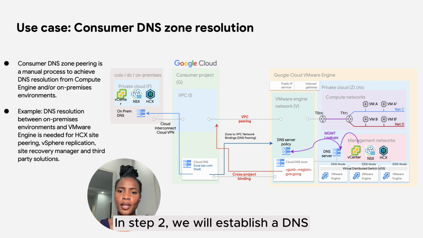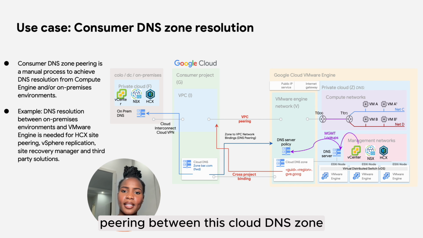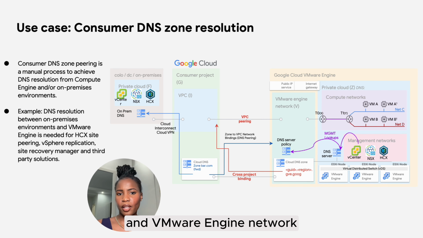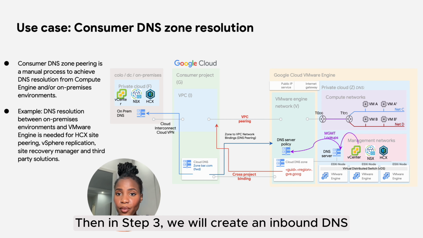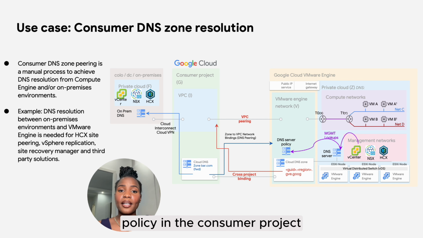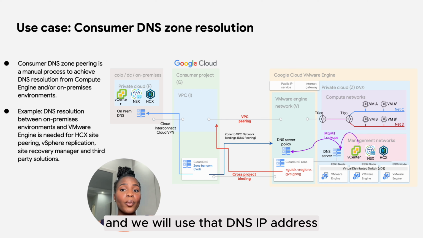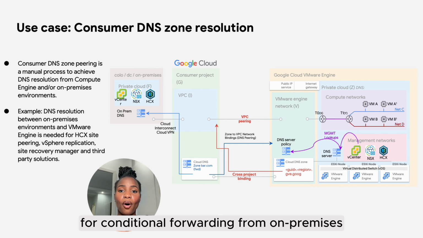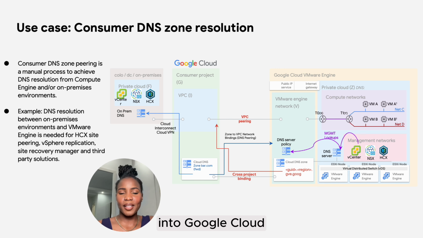In step 2, we will establish a DNS peering between this Cloud DNS zone and VMware Engine network. Then in step 3, we will create an inbound DNS policy in the consumer project, and we will use that DNS IP address for conditional forwarding from on-premises into Google Cloud.